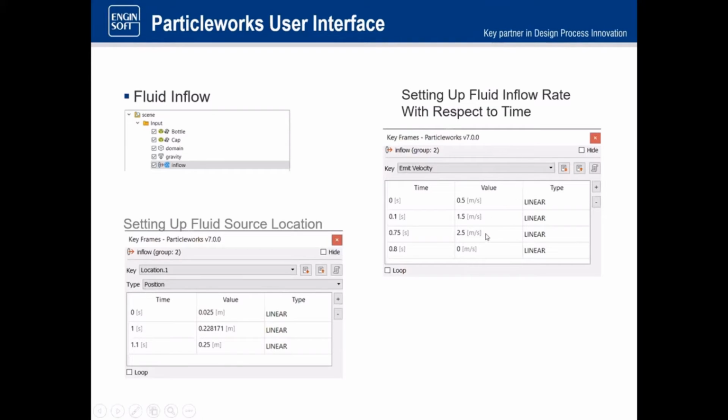And that's really set up by having a definition of the velocity over time, and then also here we have the ability to move the position of that filling tube over time as well.